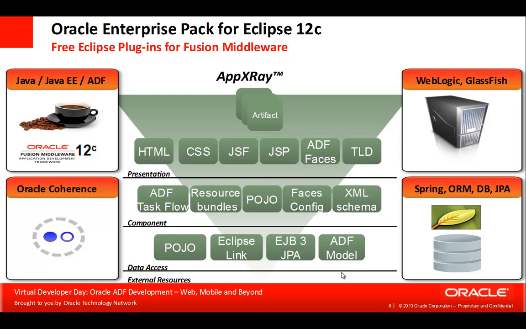We can bring in Coherence, and one of the things that AppXRay allows us to do is not only to diagram relationships between application artifacts, so this class and this class are related by a relationship to each other and are bound to each other.